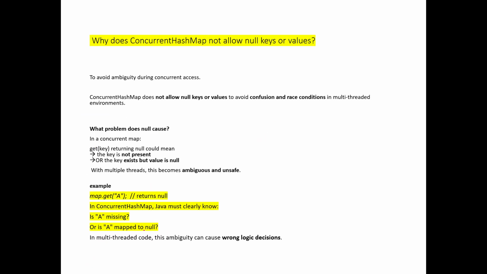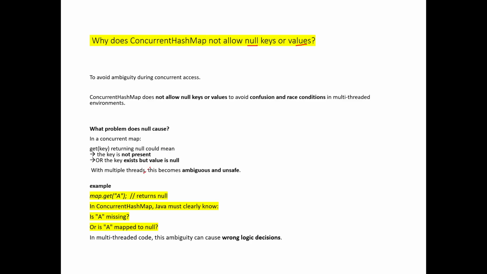Now let's move to the next question. Why does ConcurrentHashMap not allow null keys or values? In HashMap we can have a null key, only one null key, and we can have multiple null values. But in ConcurrentHashMap we cannot put a null key or null values because of ambiguity.